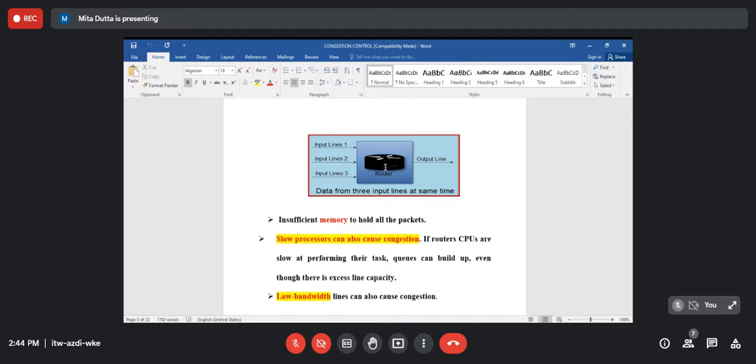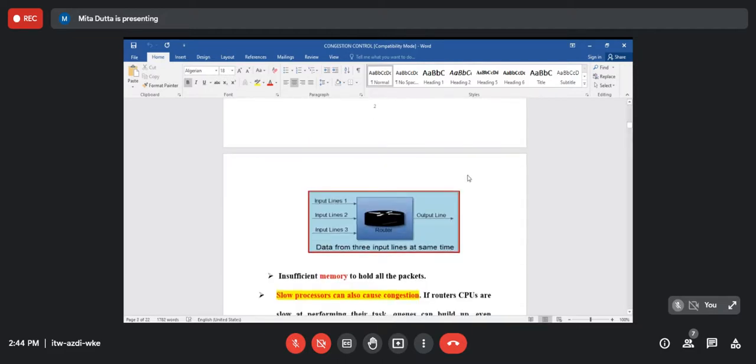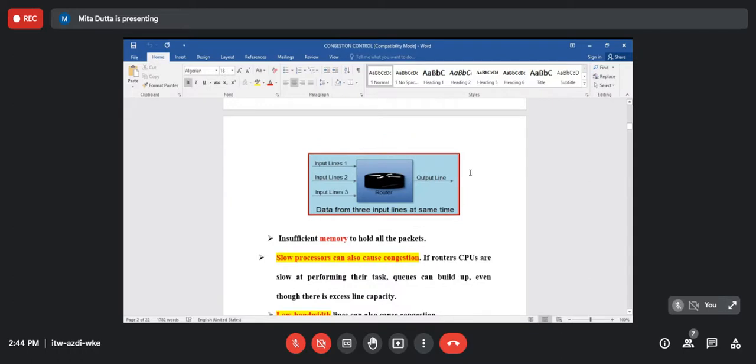But since the router is running slower, it is not able to deliver those packets, so again congestion will occur in the network.